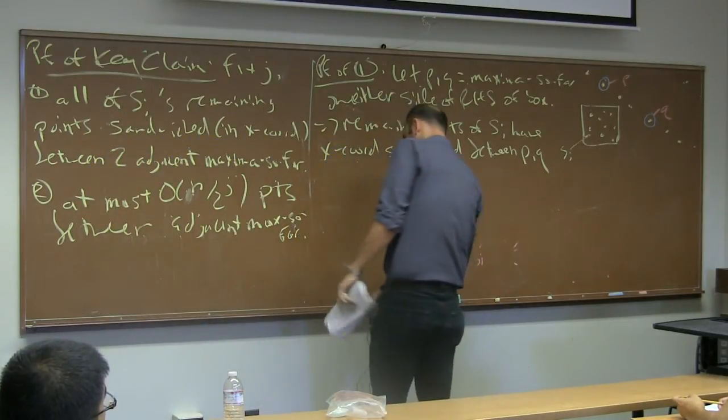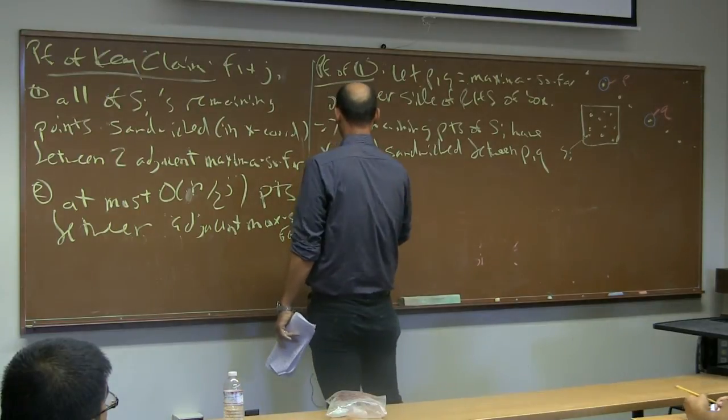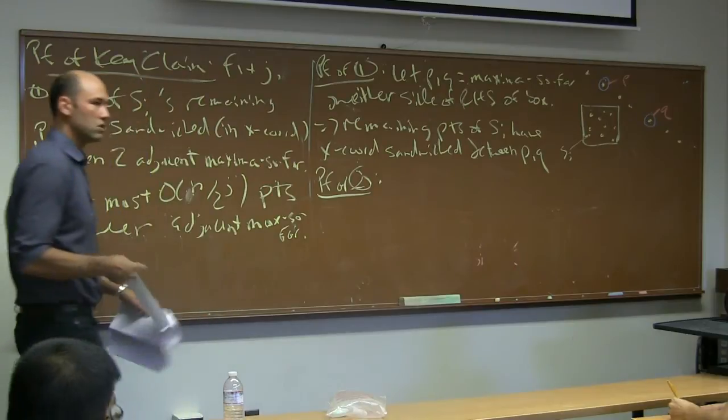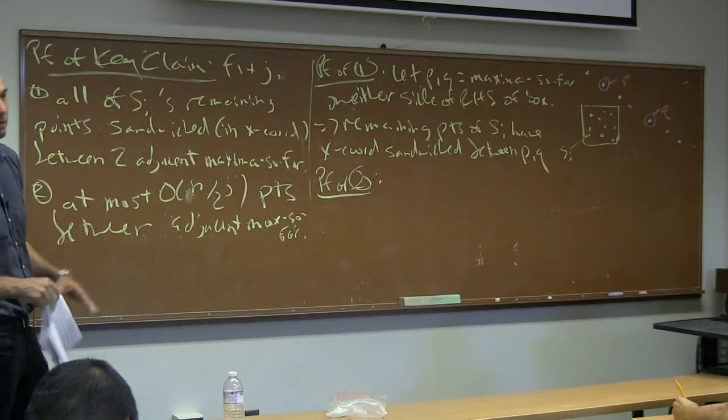Proof of 2 is also simple. This is really just because of our repeated median computations, frankly.